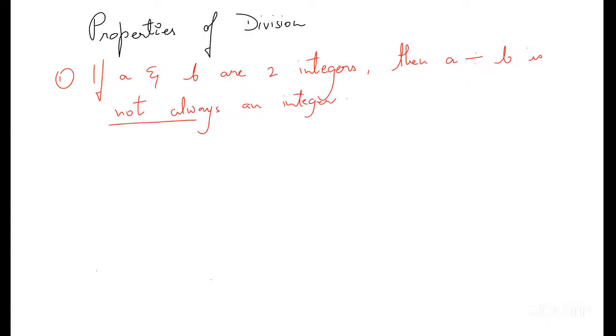Understood? How? See, let's write an example. Divide minus 15 by 5. We will get how much? Minus 3, which is an integer.